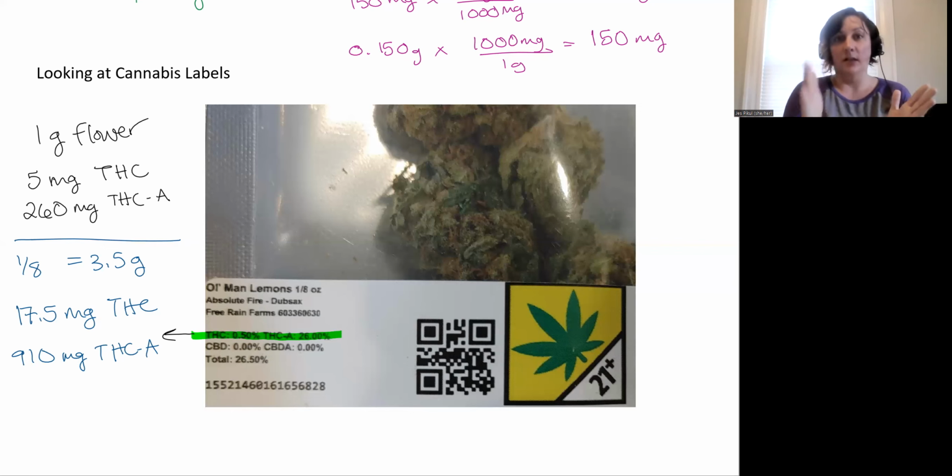There is a large decrease, and depending on how it's ingested, you only get a certain percentage of that actually getting into your bloodstream. And even then there is some loss in THCA converting into THC. But it's helpful to know that it's basically about 26.5% of possible available THC in 1 gram.